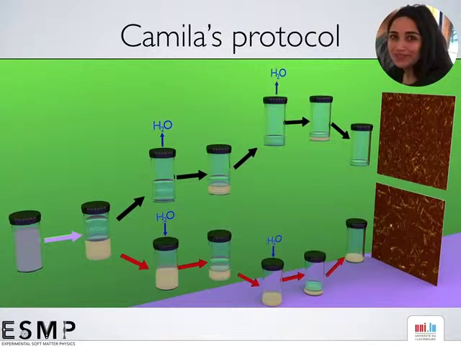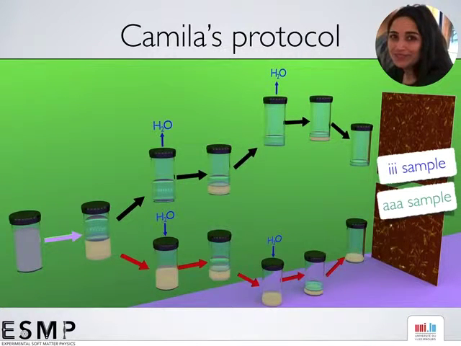And then she repeated the process 3 times. And 3 times was in fact sufficient to really see a difference. In the following I will compare the III sample, which is 3 times isotropic fraction, and the AAA sample, which is 3 times anisotropic fraction.